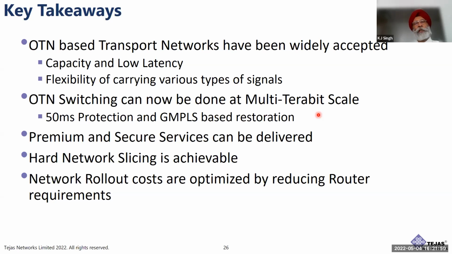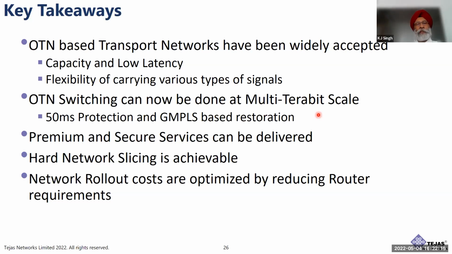OTN-based transport networks have been widely accepted by the operator community. They offer large capacity, low latency, and the benefit of carrying with great fidelity various types of signals, be it Fibre Channel, be it Ethernet, be it CPRI, be it some proprietary encrypted signal.